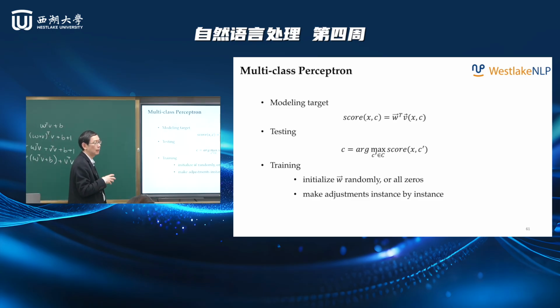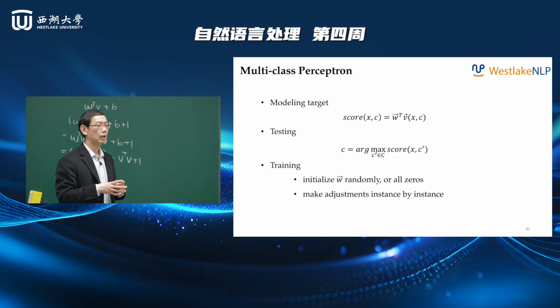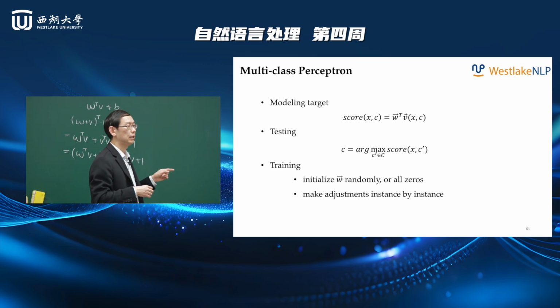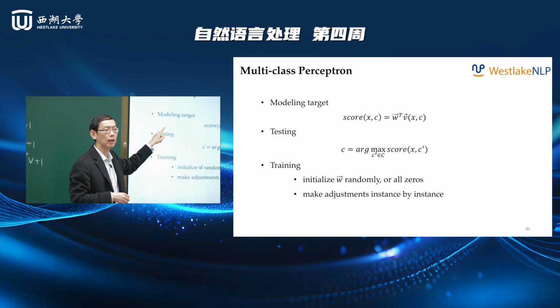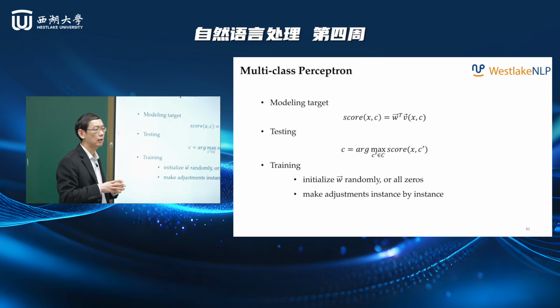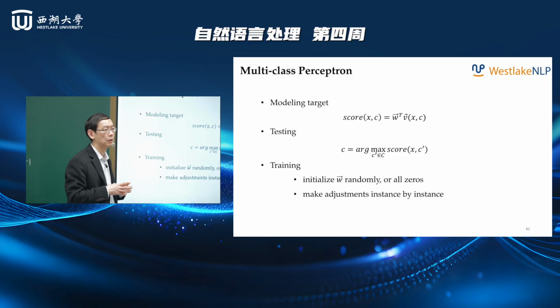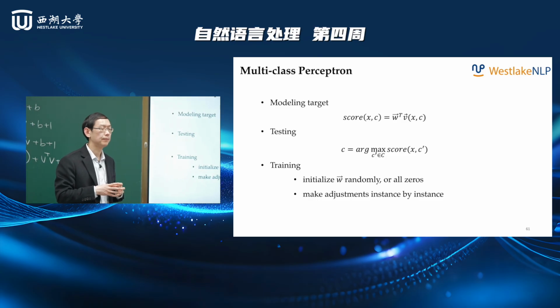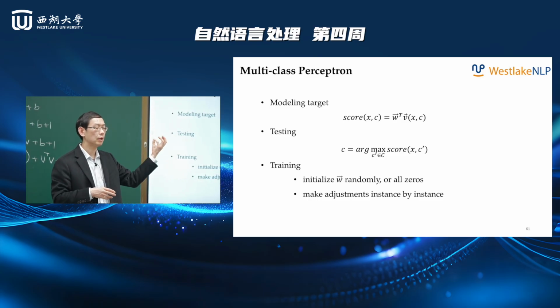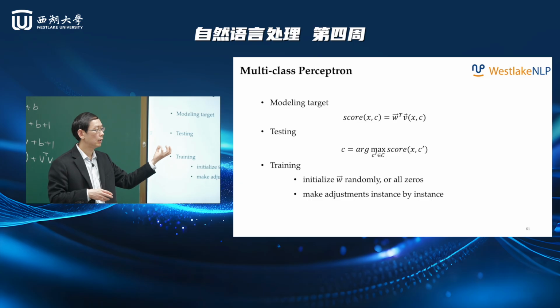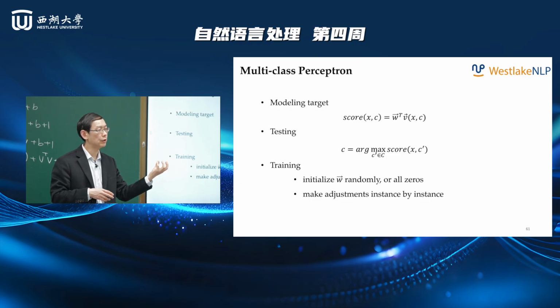The training is a slight change of the binary perceptron. The thinking is the same. I still randomly initialize my model parameter omega, or I initialize it to all zeros. And then I do an iterative training process. Basically, I take my current model and use it to go through all the training instances for multiple iterations.